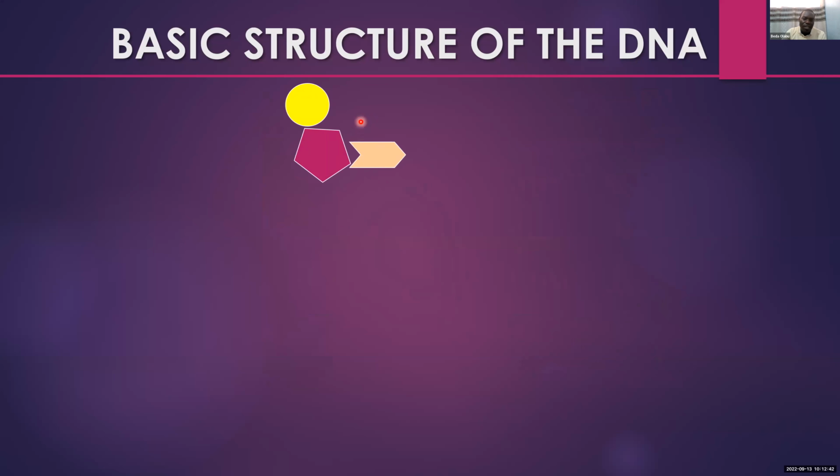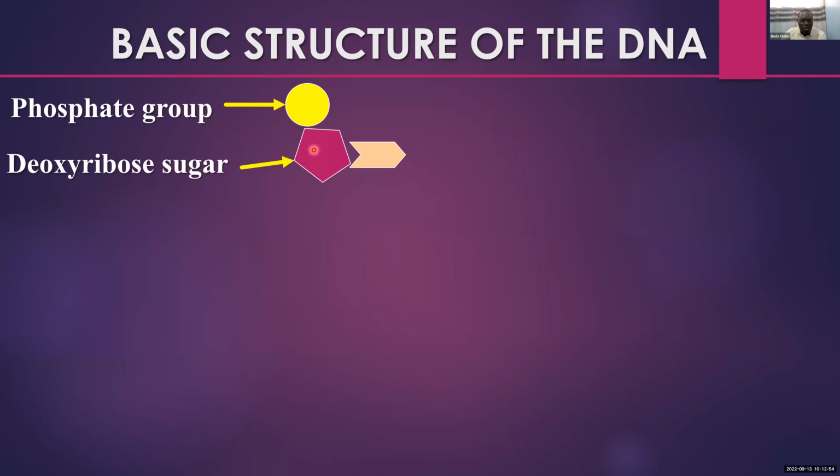Consider these 3 to be the 3 components of a nucleotide. That yellow one represents the phosphate group. I don't know whether to call that red, but it represents the deoxyribose sugar. And then this other one represents the nitrogenous base. Those are the 3 components of a DNA nucleotide.